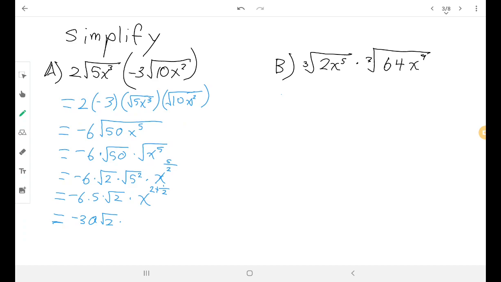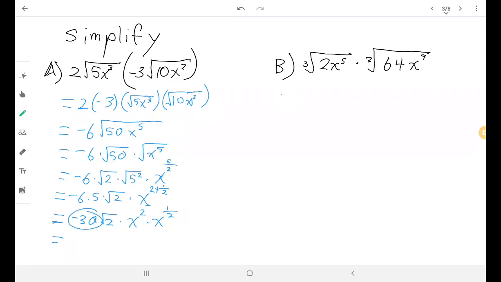times. Now, when you're adding exponents, what it means is that you had the same base multiplied with those two exponents. So this can be seen as x to the second times x to the 1/2. And that is helpful because now I have a square root of x again, right?